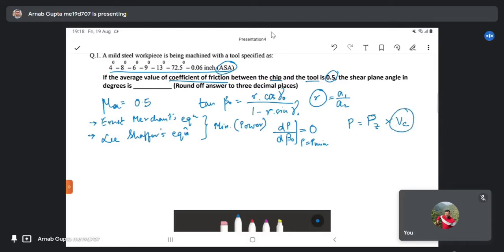Vc here is constant. Pz will vary if beta naught varies, right?